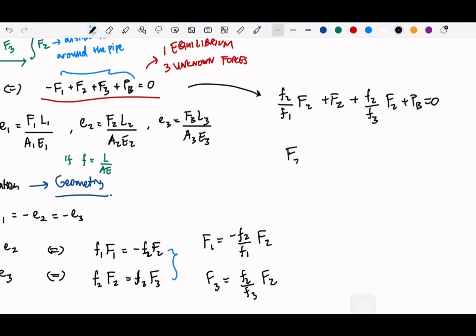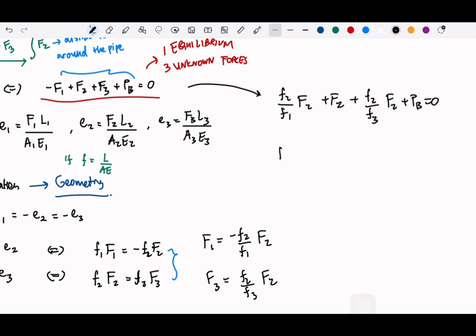So F2 times F2 over F1 plus 1 plus F2 over F3. Or let me multiply everything with F1 and F3 so that we can get rid of the denominators.